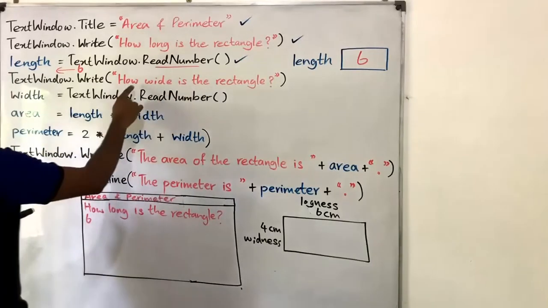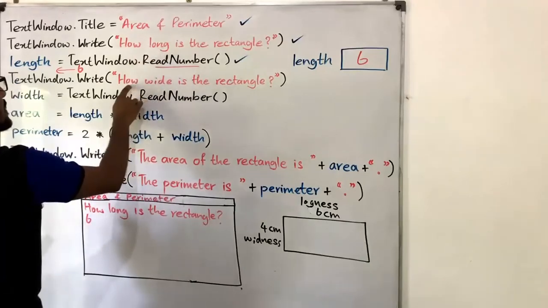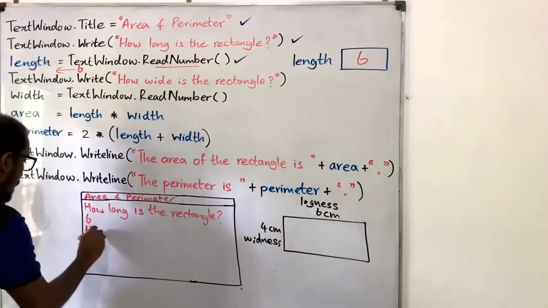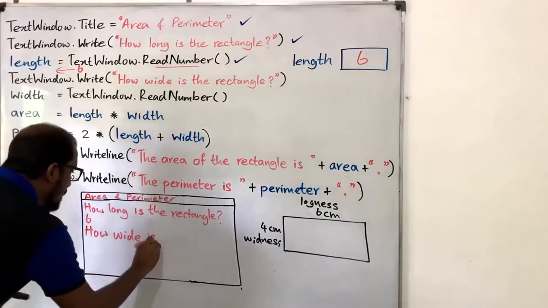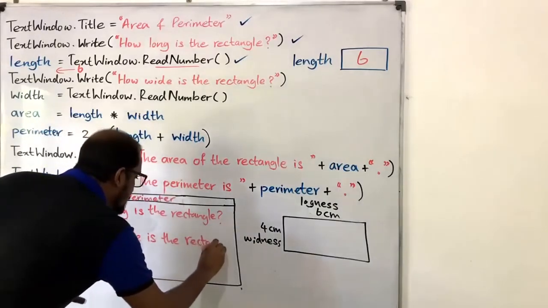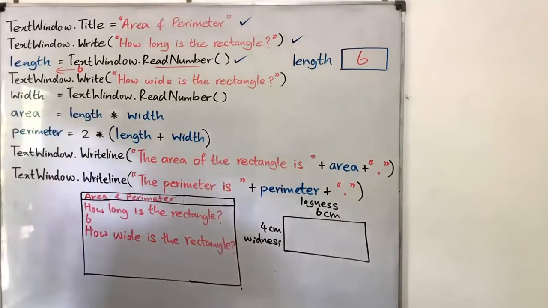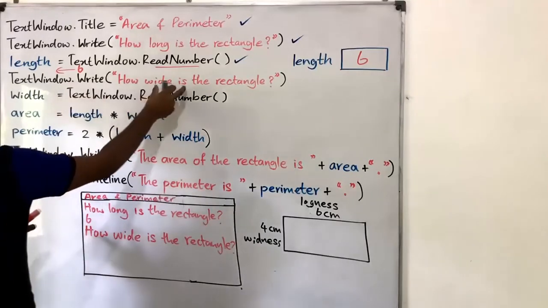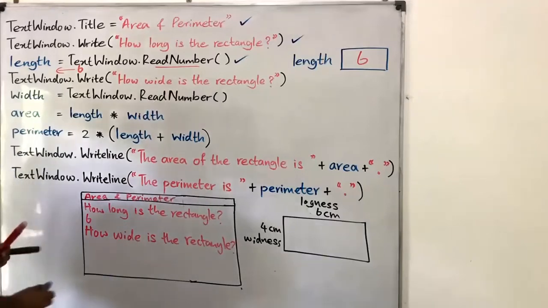So here, as happened in this statement, how wide is the rectangle? The write operation will display this question in the text window.